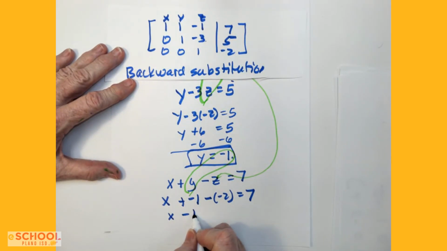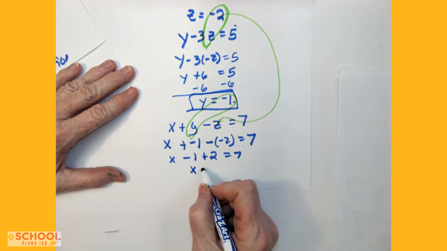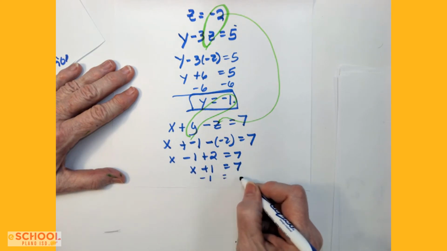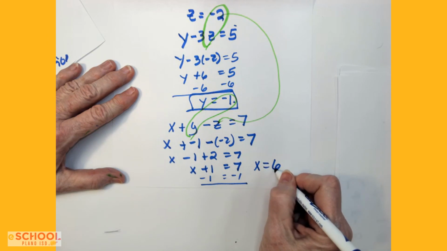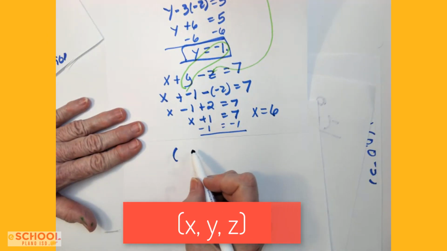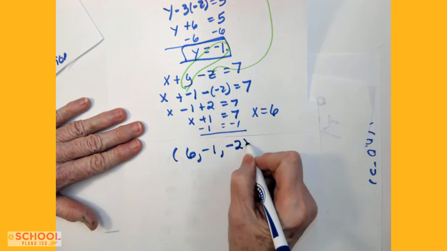So x minus 1 plus 2 equals 7. So x plus 1 equals 7. Subtract 1. x is equal to 6. So take your variables and put them into your triplet. x is 6, y is negative 1, and z is negative 2.